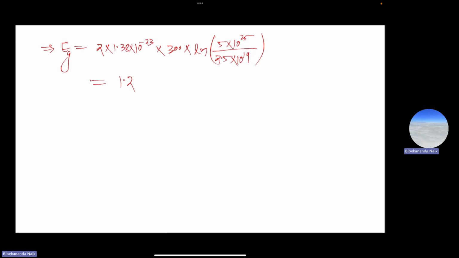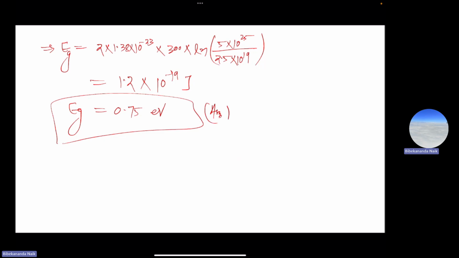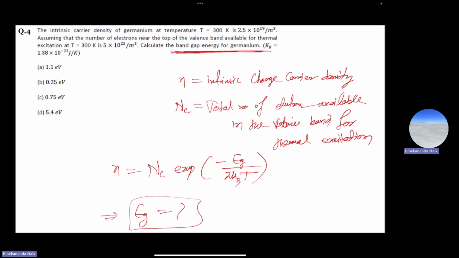It will be 1.2 into 10 to the power minus 19 joule. If you convert it into electron volt, it will be 0.75 electron volt. So this is the answer, and the correct option is option C.